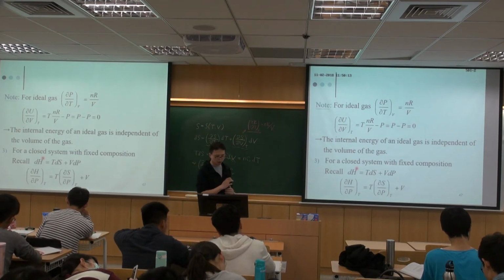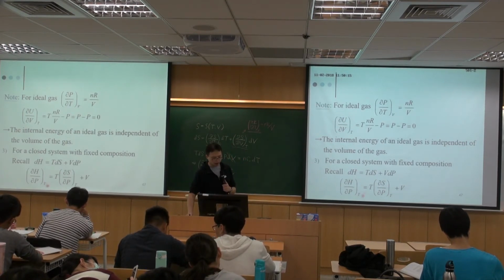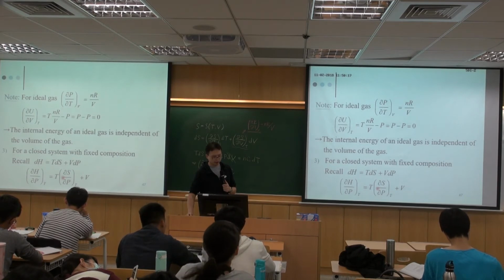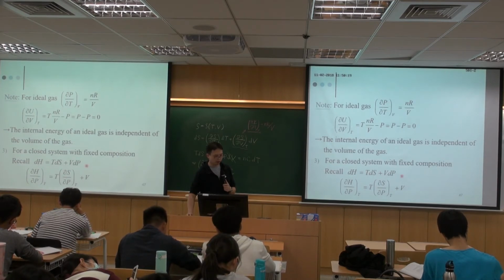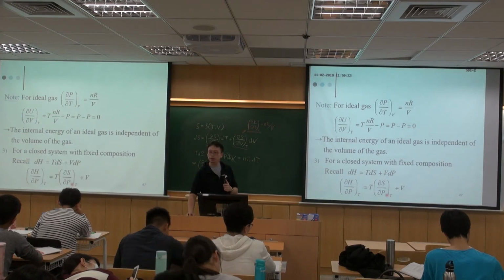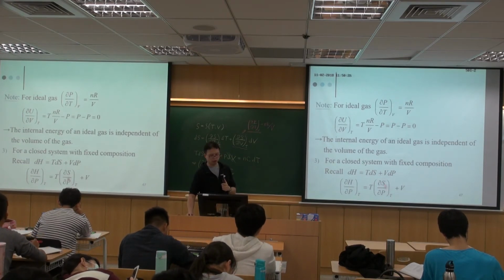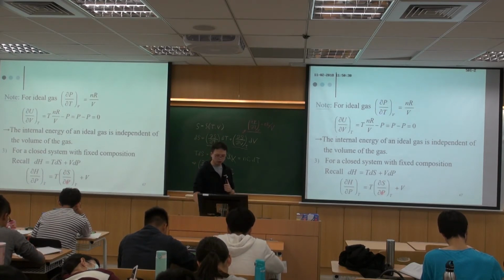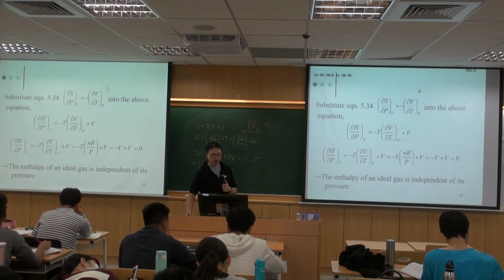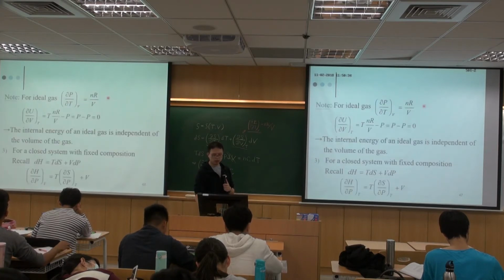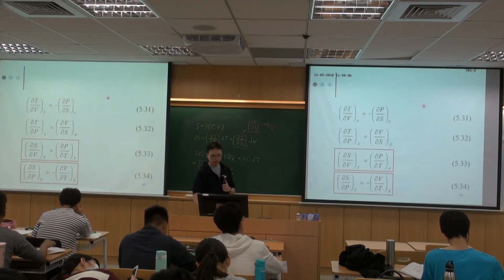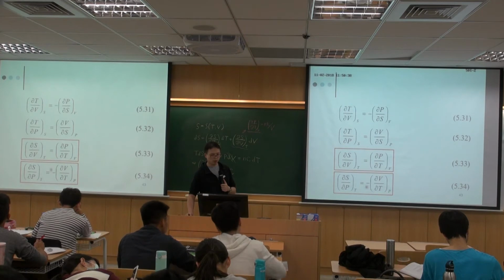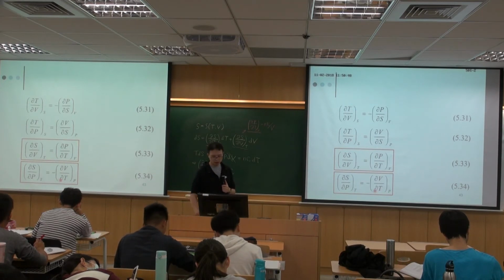So partial H, partial P at a fixed temperature is something like this, because we have the expression over here. And again, this is hard to calculate, right? Because we don't know the change of entropy as a function of pressure. So in order to do that, we use, again, one of the Maxwell relations over here, the second one that we haven't used yet.